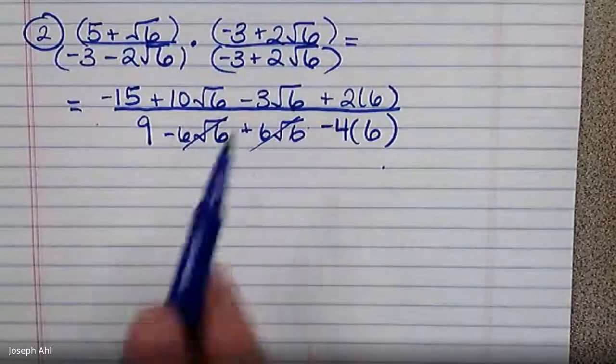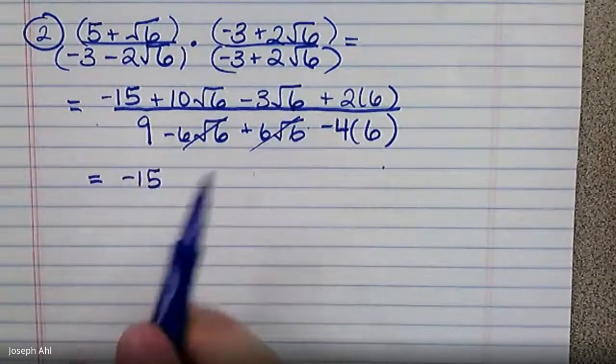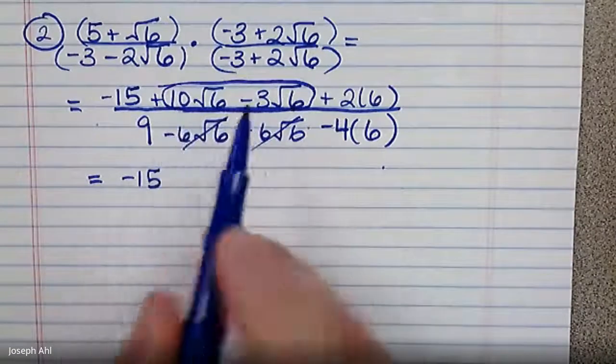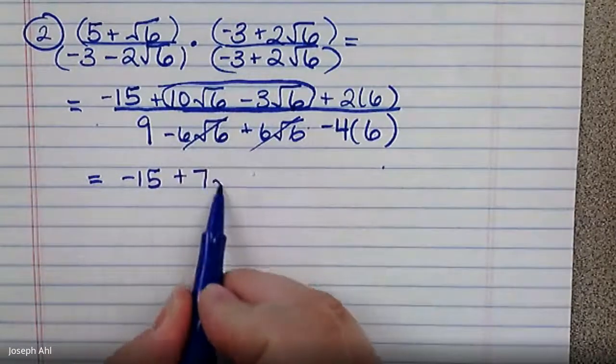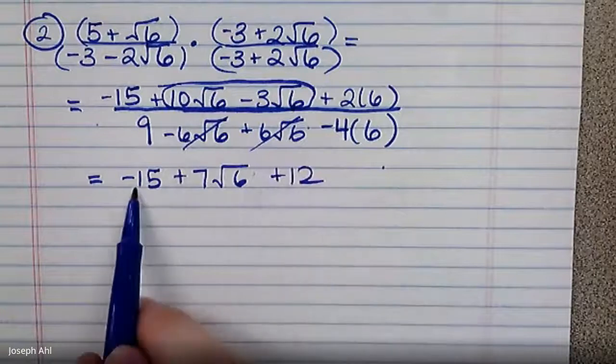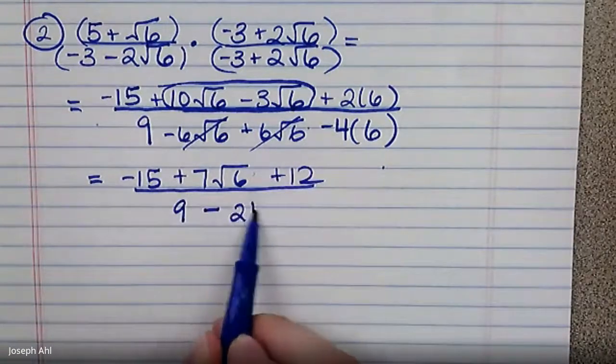All right, we can clean things up on the top, right? Because on the top we have negative 15. These combine right here. They're like terms. 10 minus 3 is now 7 radical 6s plus 12. The bottom is going to become 9 minus 24.